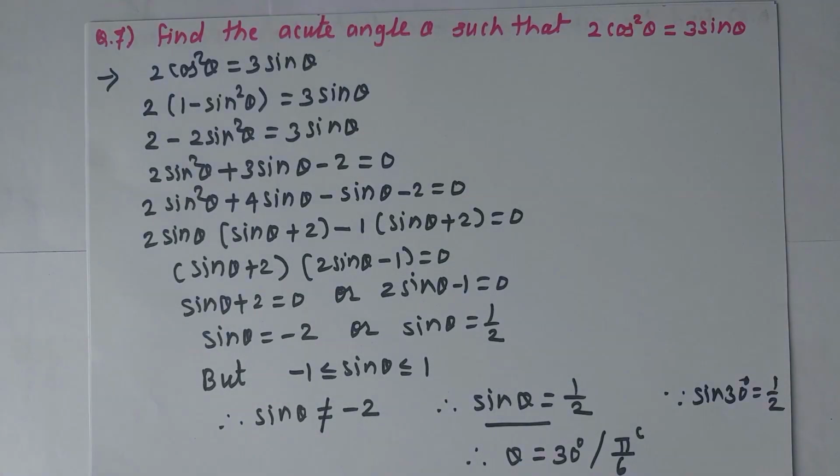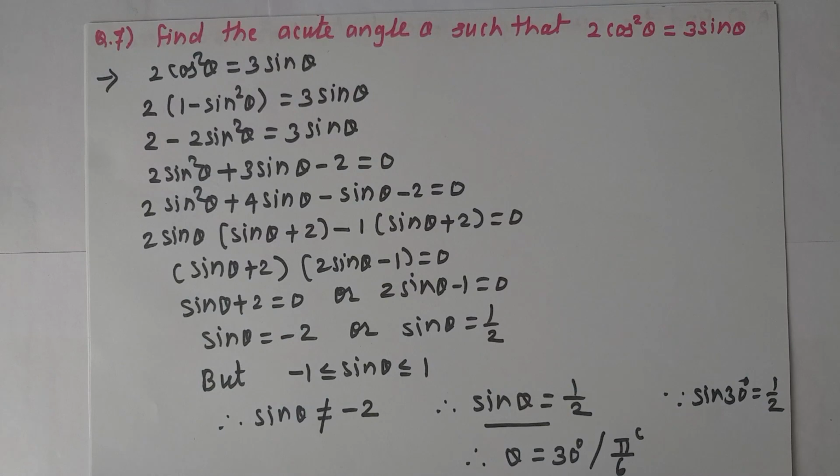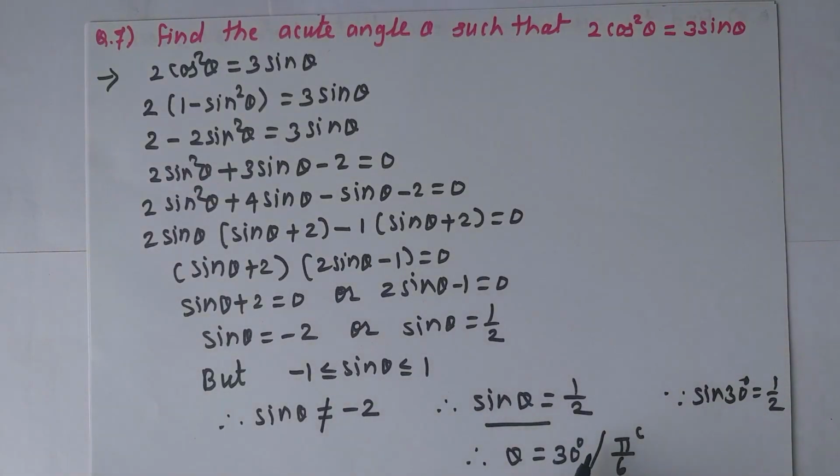Okay, you read the question carefully. Here they have not told you to find the sin theta, they have asked you to find the angle theta. Therefore here sin theta is half. You go to your table 0 to 90 degree and see where the sin theta is half. Sin theta is half at angle 30 degree, therefore theta will be 30 degree or pi by 6 radians.